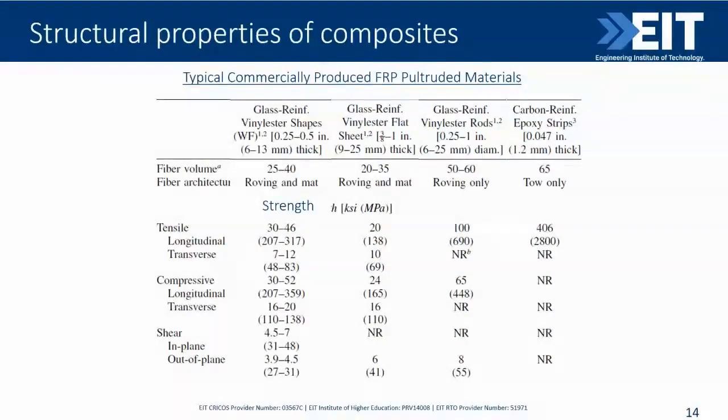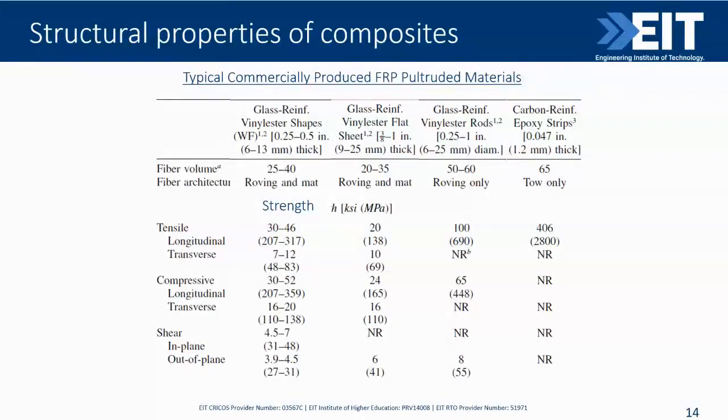The structural composites, what we normally call, so when we have already seen matrix and the fibers, we've got the so-called CFRP and GFRP. The C stands for carbon fiber reinforced plastic, and the G stands for glass fiber reinforced plastics, or polymers.